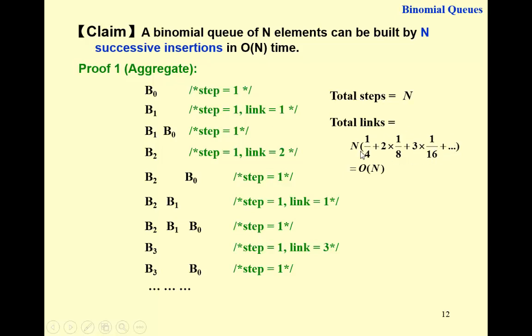So some constant times n is big O of n. So put them all together, the total time taken would be big O of n. And we're done with the proof. That's a very simple, straightforward way of proving the conclusion.